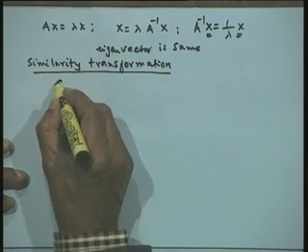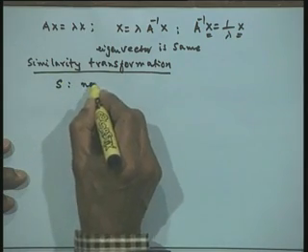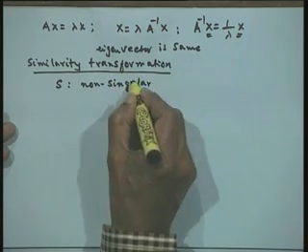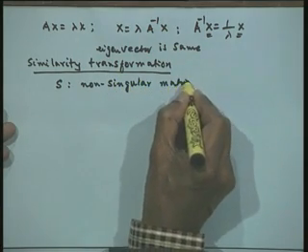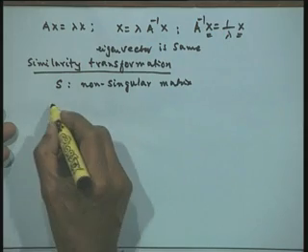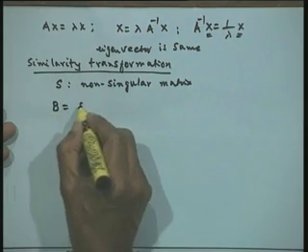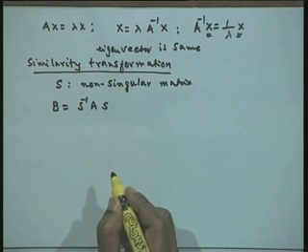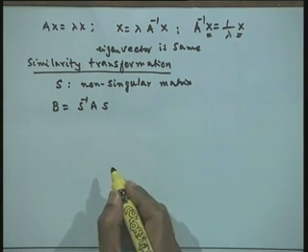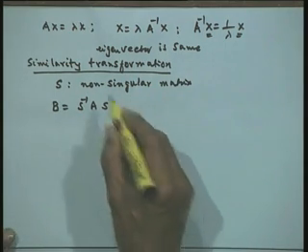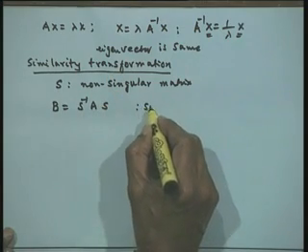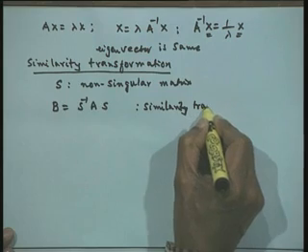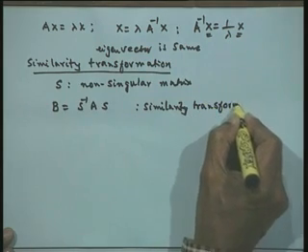I take any non-singular matrix S. Then I form the matrix B is S inverse A S. This is called a similarity transformation.